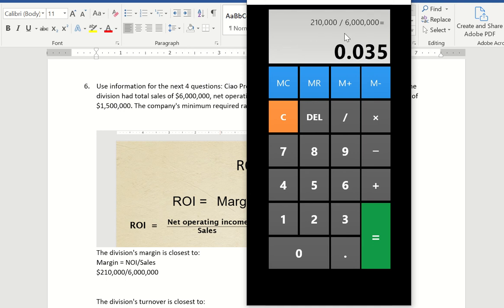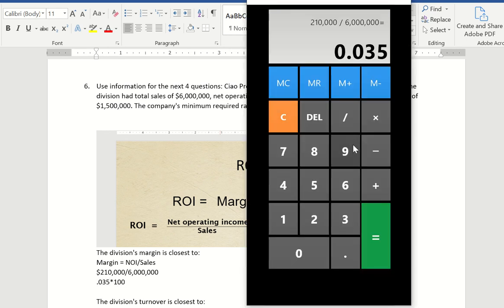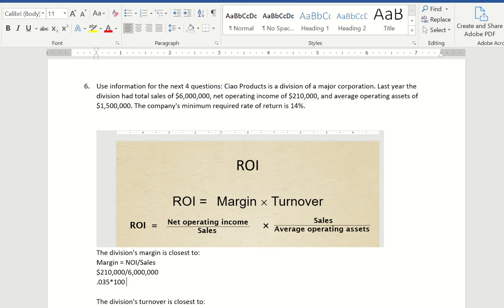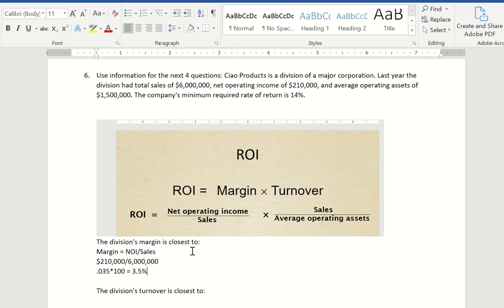That gives me 0.035, or if you multiply 0.035 by 100, that gives you your percentage, so it'd be 3.5%. So our return on our margin, what we're making, NOI over sales, is 3.5%.